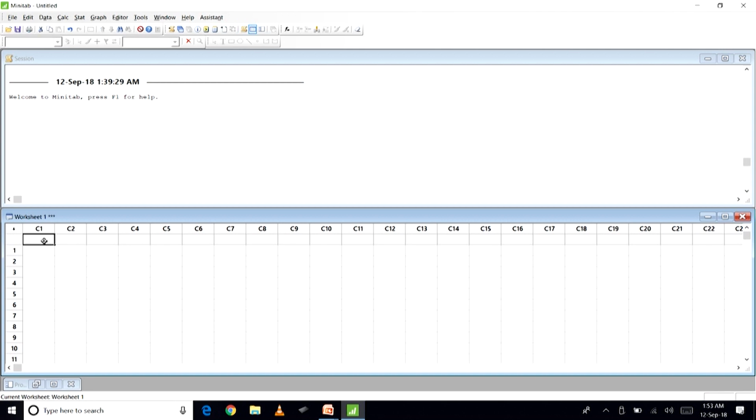This is the weight before weight loss, and the other column is weight after attending fitness sessions.